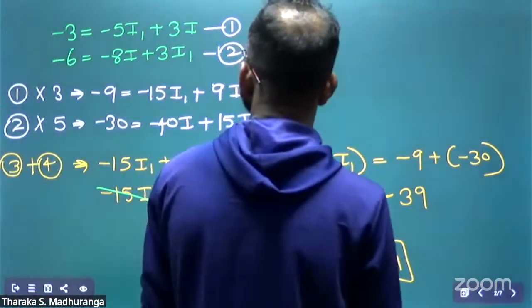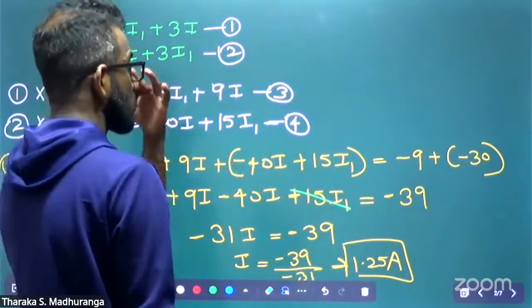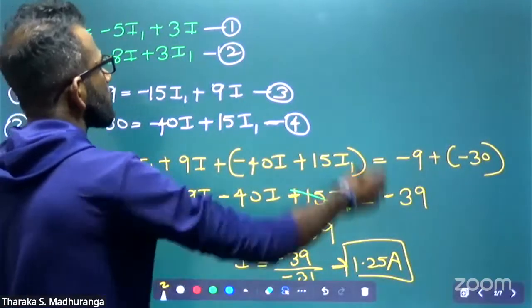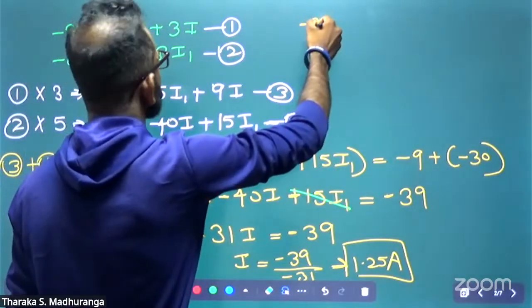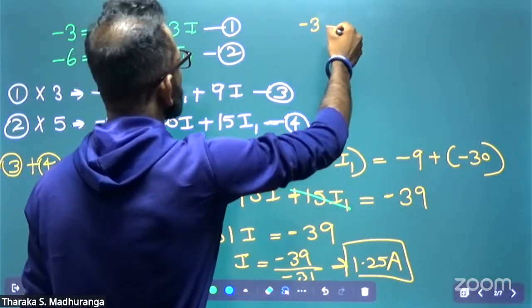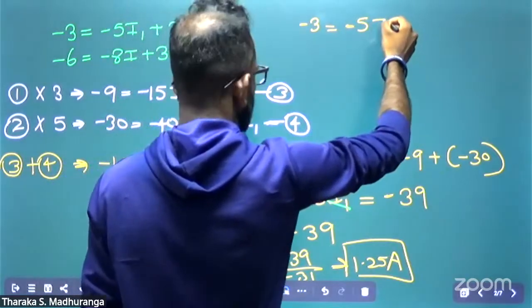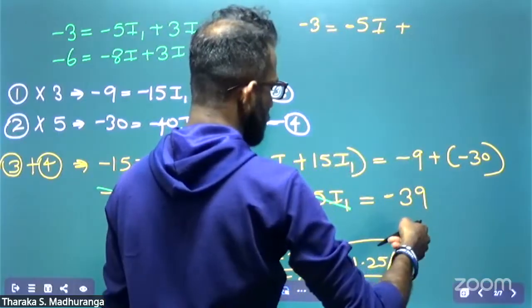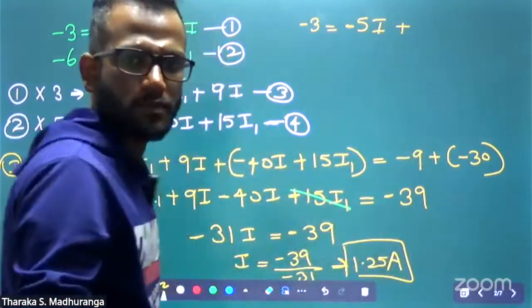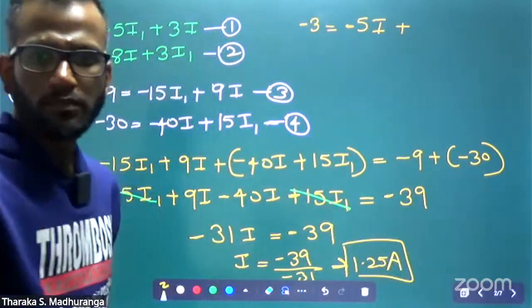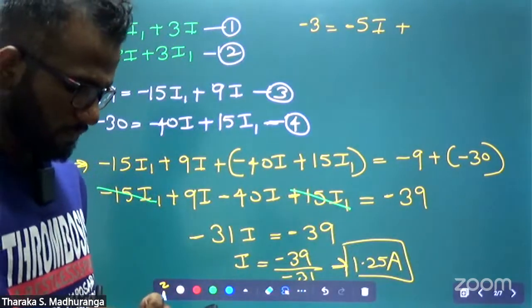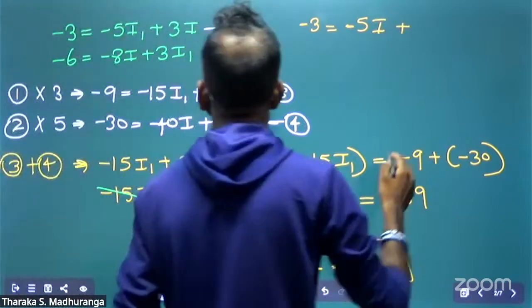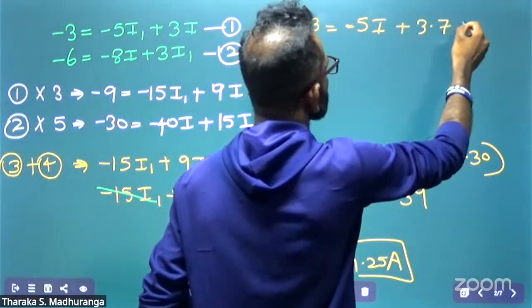Then you can substitute: minus 3 equals minus 5 I1 plus 3I. 3I means 1.25 into 3, which is 3.75.